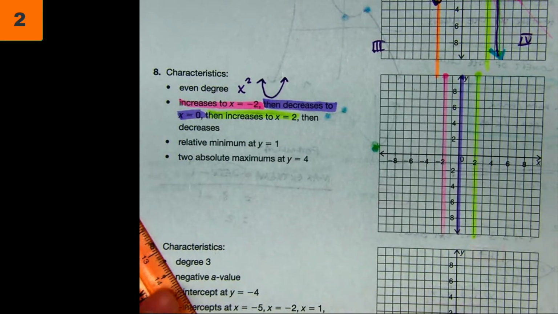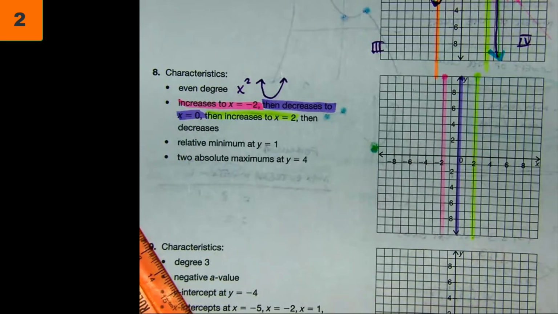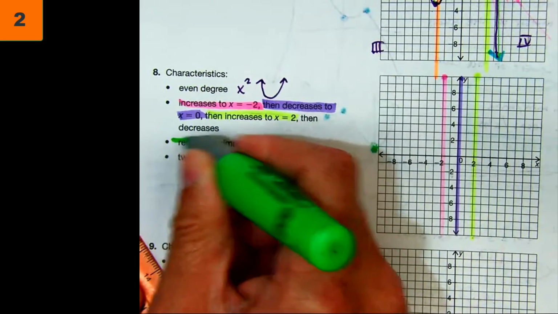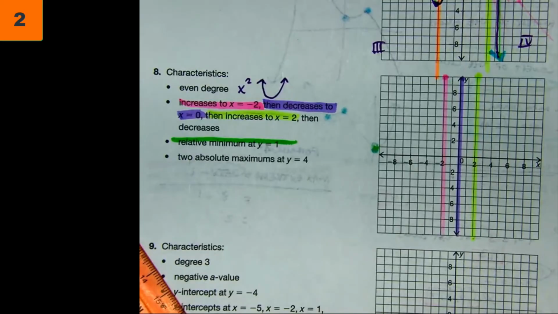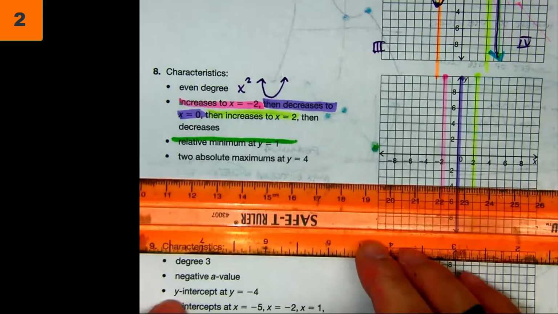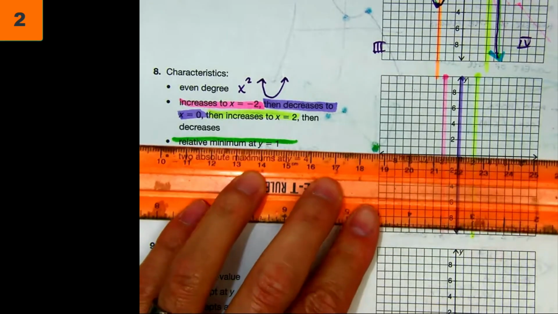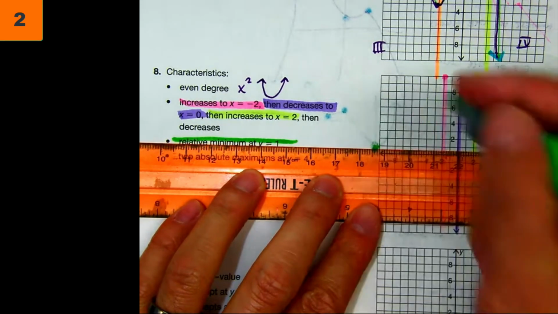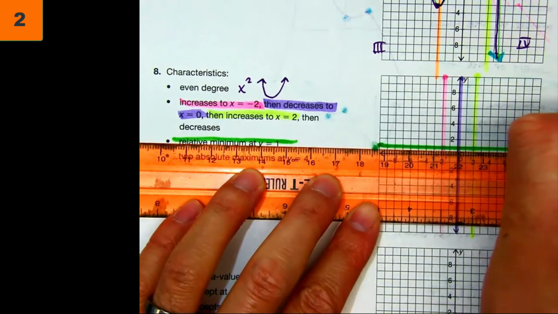Okay? A relative minimum at y equals 1. Now pay attention. If it has a relative minimum, that means on this point here, notice I'm turning my ruler now, anywhere on this line, there is a low point.